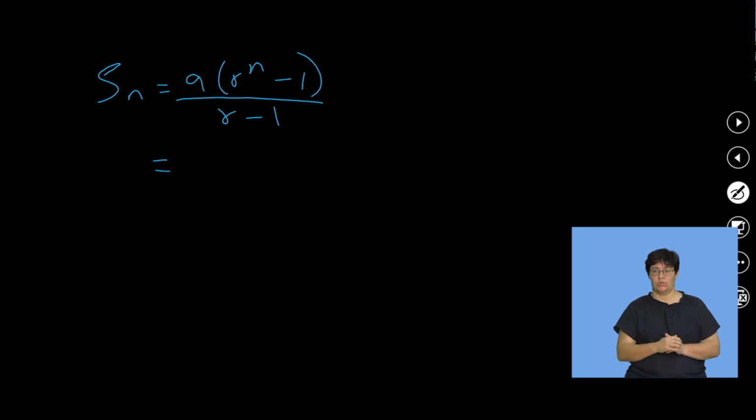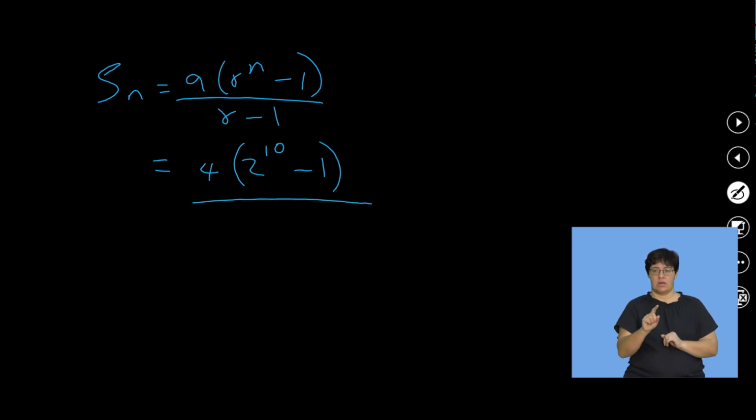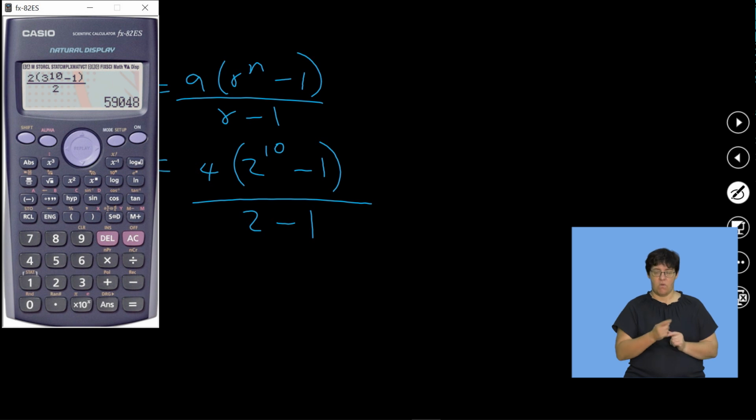So this is 4, open the bracket, that is 2 to the exponent of 10 minus 1, close the bracket, all over my r value there is 2 minus 1. Then you go straight to your calculator, I mean. So it's 4, open the bracket, 2 to the exponent of 10, and then you subtract the 1, minus 1, close the bracket, over 2 minus 1 is just 1.